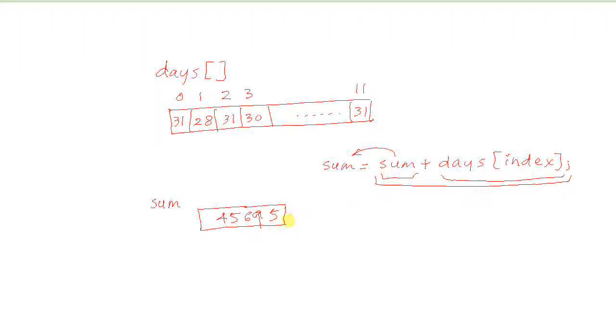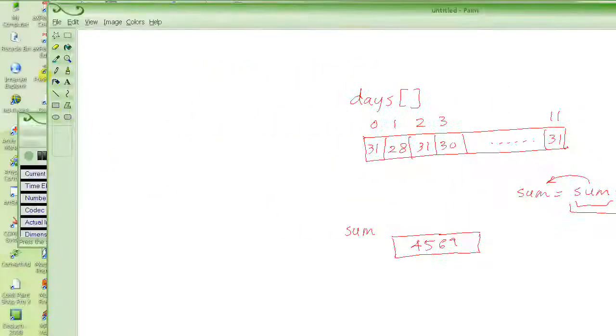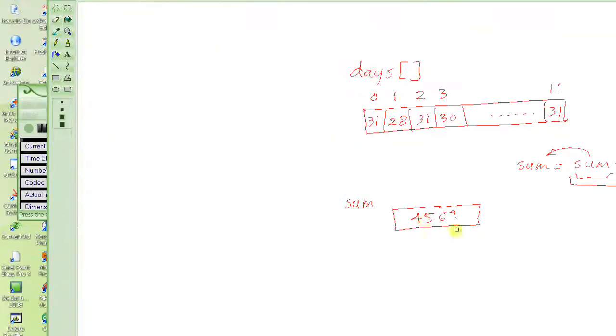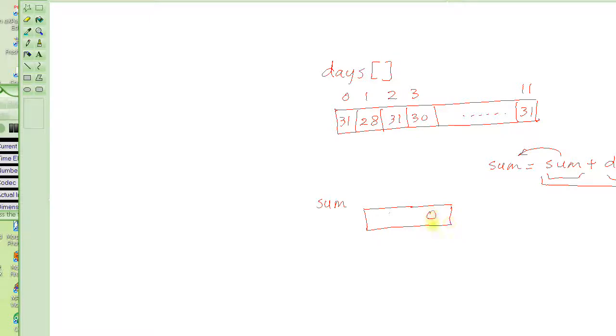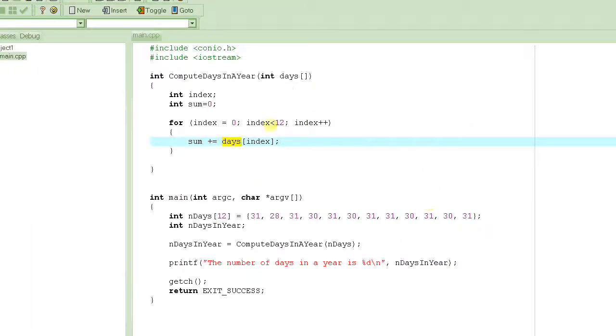Obviously, we would be way off if we did that. So it is critically important that we change the value here to 0, otherwise it will have some garbage value. So that's what we did here.